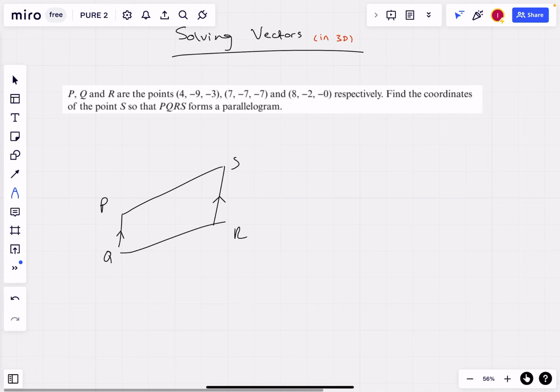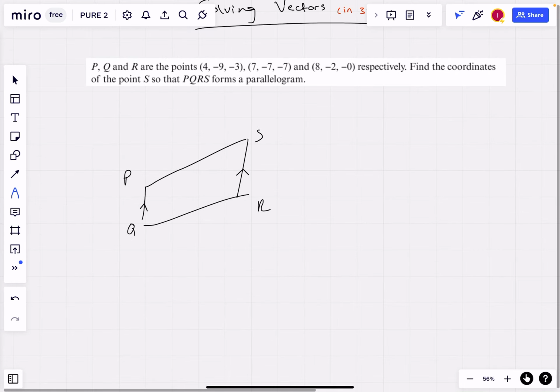Sorry, PQ is parallel to SR, and PS is parallel to QR, like this. And we've also got the coordinate of each one. Now, since it's parallel, PQ is equal to RS.